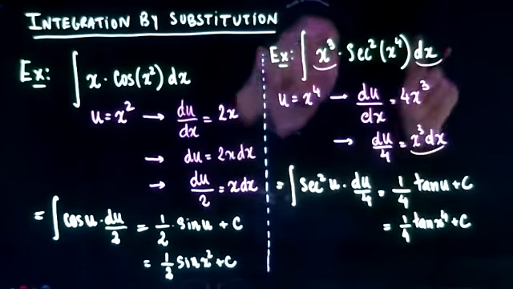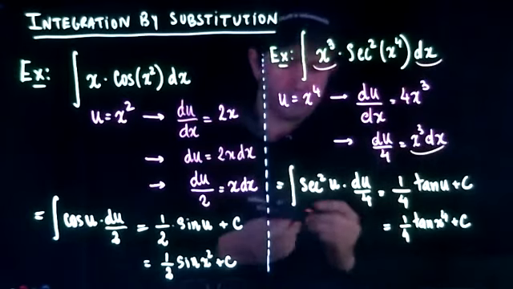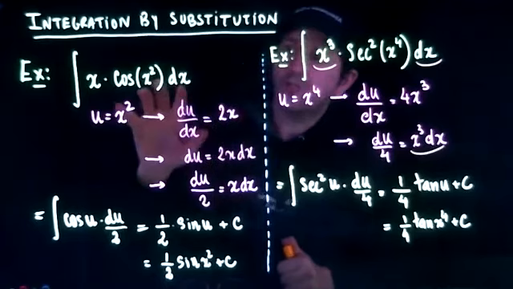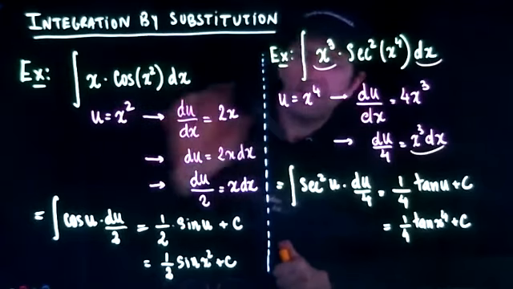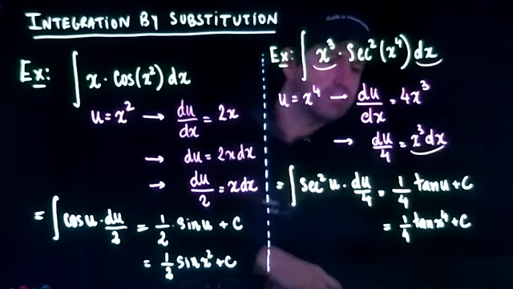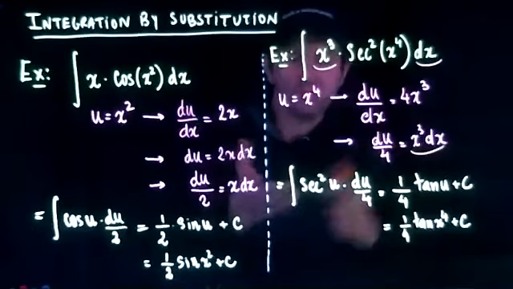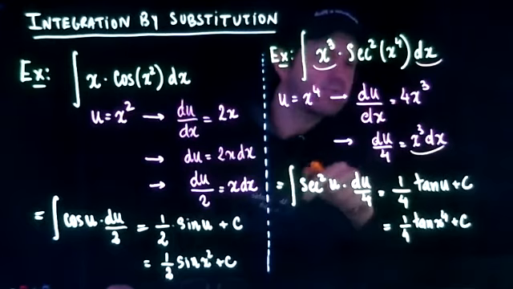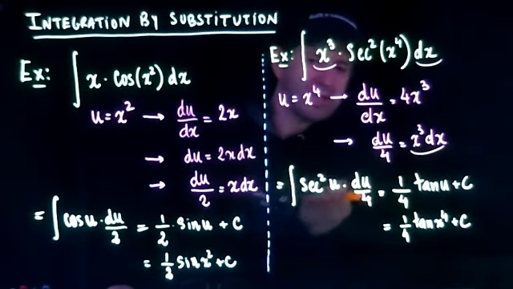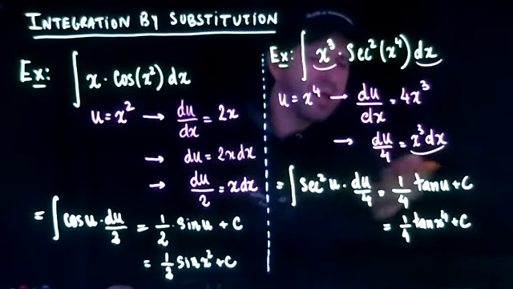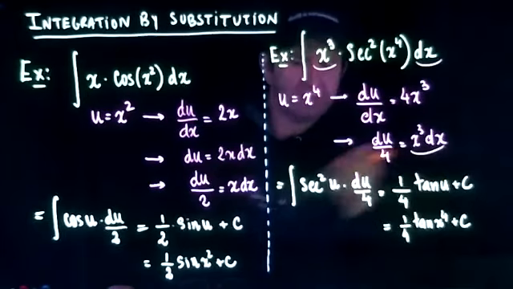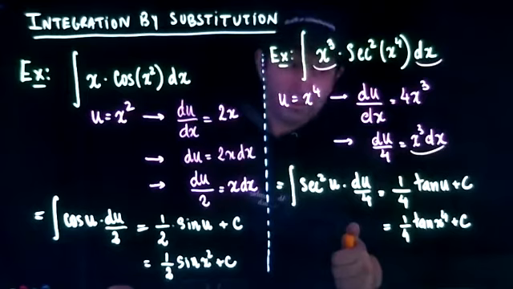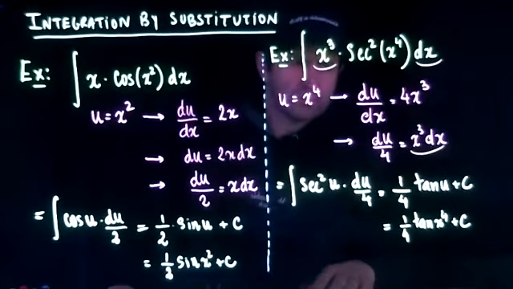Replace the x cubed dx by du over 4. The whole point is to re-express the integral in terms of u only, no more x's, and hopefully get an integral that's much simpler to evaluate. At the end I end up with secant squared, and I know that the derivative of tangent is secant squared. Does that answer you? Yes, thank you.